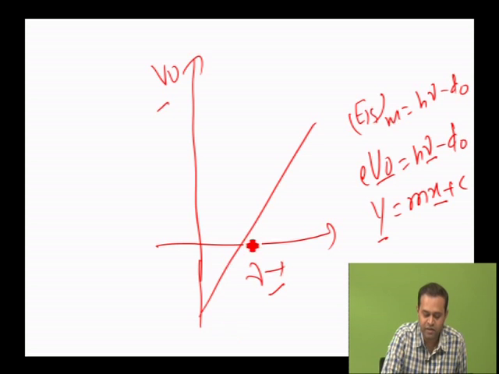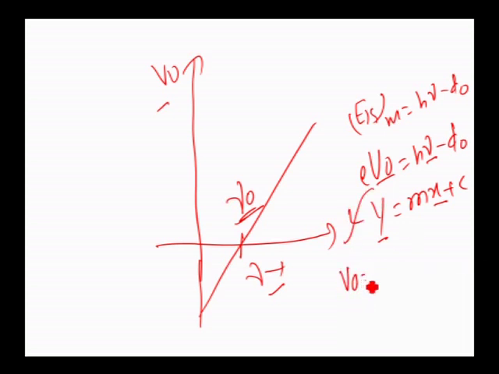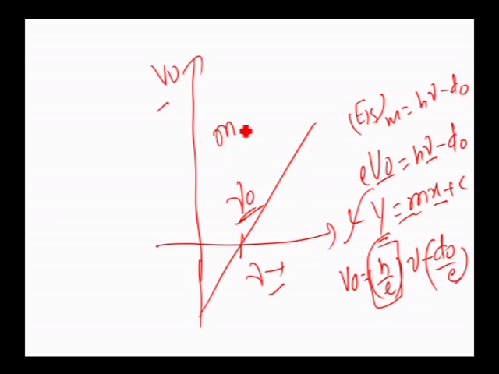There is no change in the threshold frequency value, but definitely there is a change in the slope value. This equation can be written as V naught = (h by e) nu minus (phi naught by e). Now compare: m = h by e. Therefore, the slope of the graph is h by e, and the y-intercept is phi naught divided by e. Is it clear?